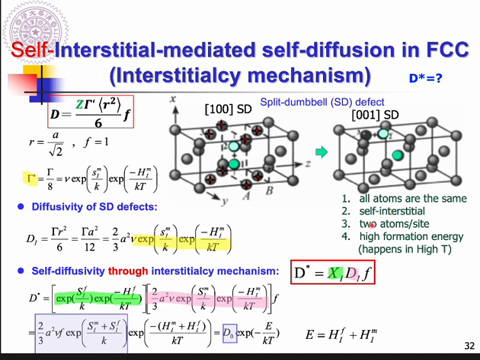And split dumbbell means two atoms share one site. We call it split dumbbell, split or split crowdion. And this only happens because of higher distortion. Usually distortion causes a higher energy barrier, so it only easily happens at high temperature.